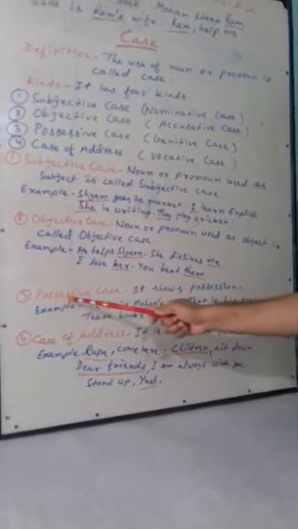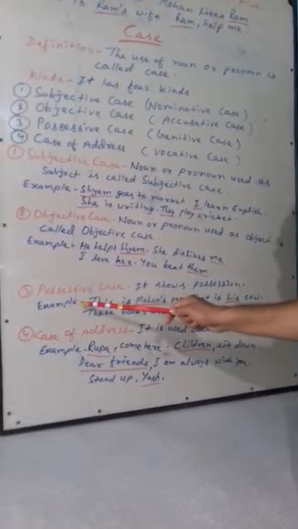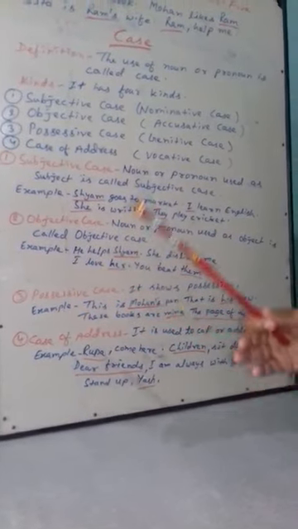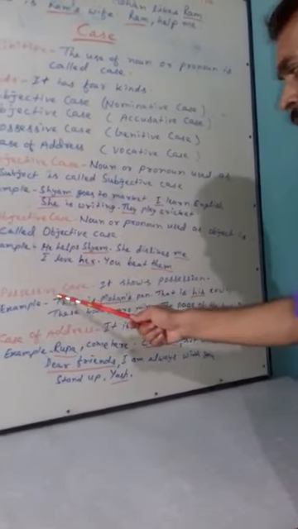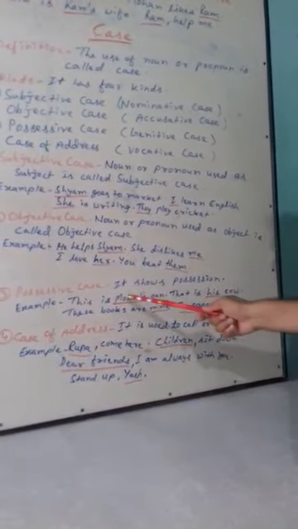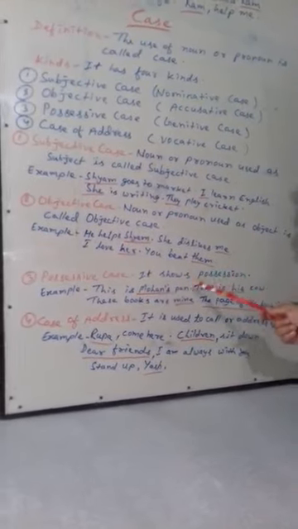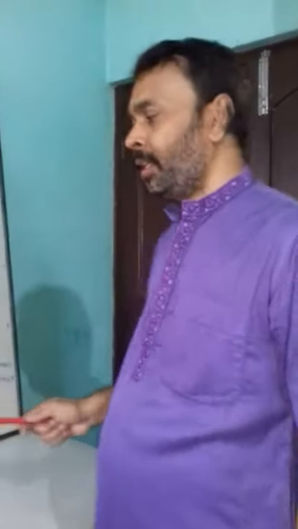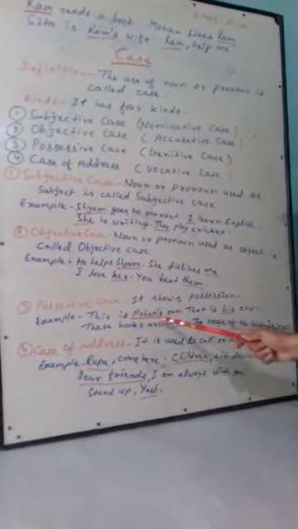Now we should come to possessive case. You should see the name possessive case. Possessive is a word made of possession. This case shows possession. So the word that shows possession is called possessive case. Example, this is Mohan's pen.